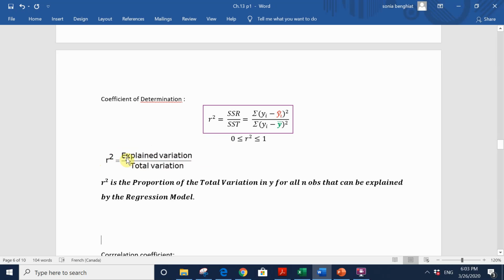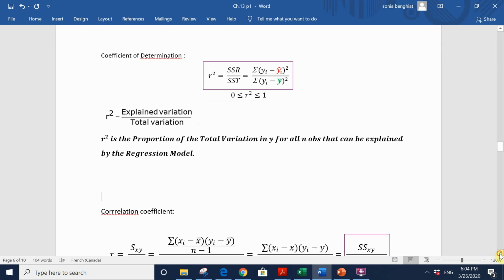So just remember this equation right here. R squared equals a ratio of explained variation to total variation. Okay, so R squared, well, that looks a lot like the correlation coefficient that we'd seen before, right? In fact, the two are related.